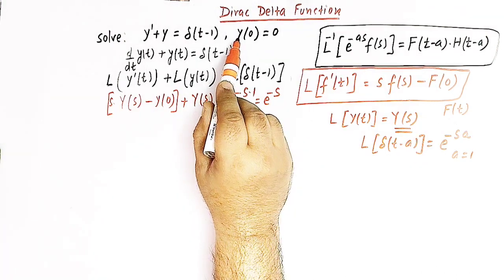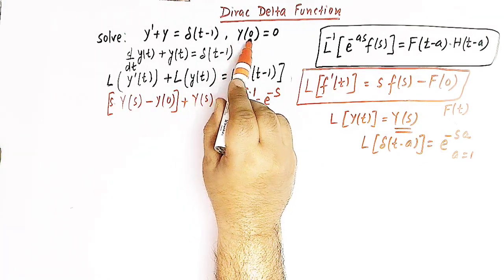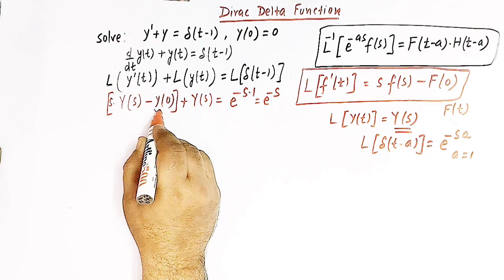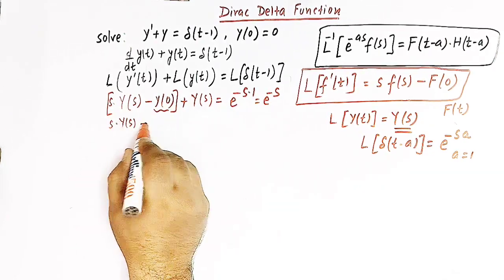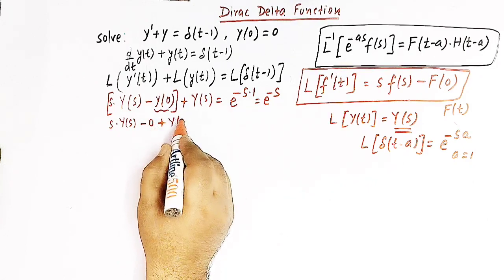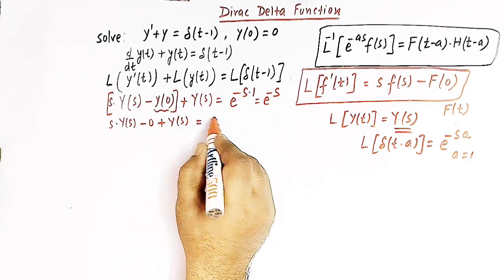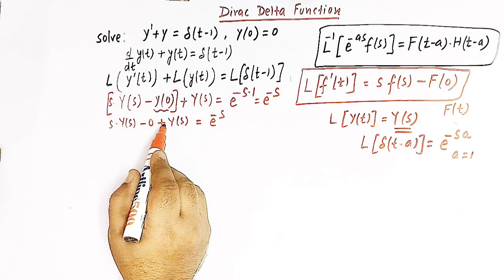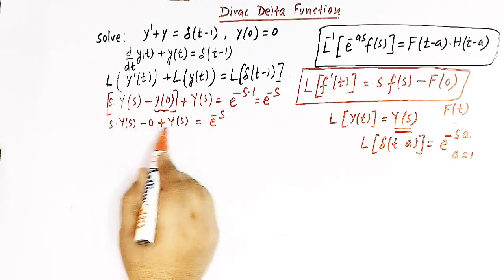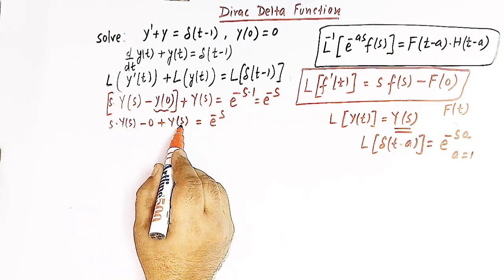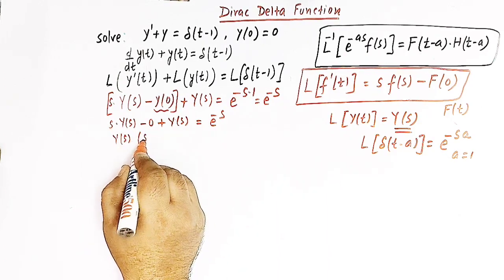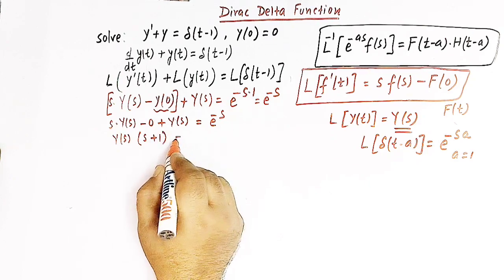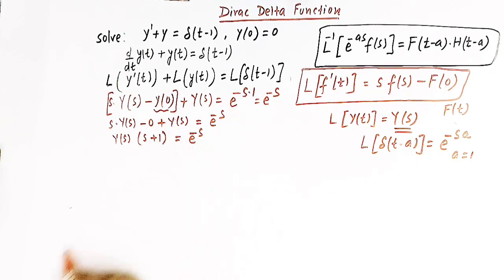Now using the condition y of 0 is equal to 0, this term is 0. So we have s times Y of s minus 0 plus Y of s is equal to e raised to minus s. Taking Y of s common from these two terms, we have Y of s times s plus 1 equals e raised to minus s.